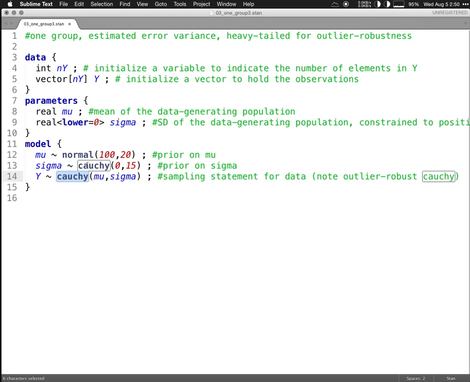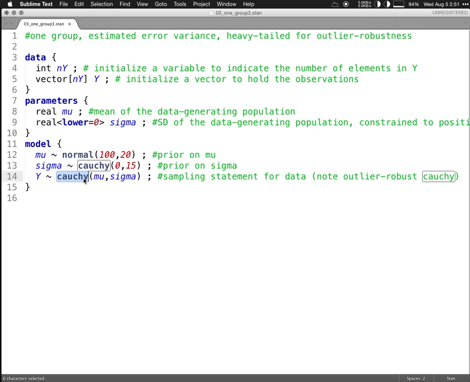Cauchy would be the example, a t-distribution with one degree of freedom, so very fat tails. There's also a t-distribution in R that you can use, so you can specify the fatness of the tails explicitly if you wanted. There are also other ways where you can explicitly say that it's a mixture of two distributions, a normal plus a uniform, for example.